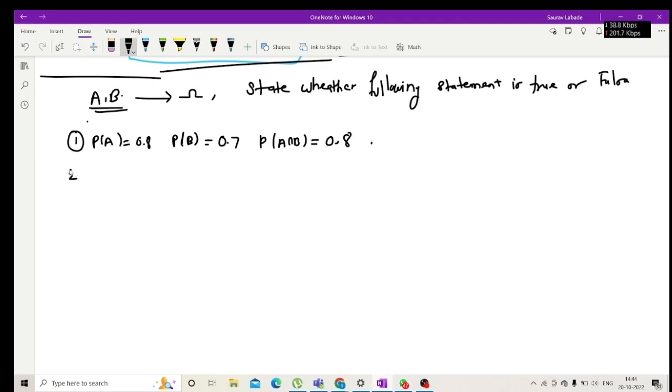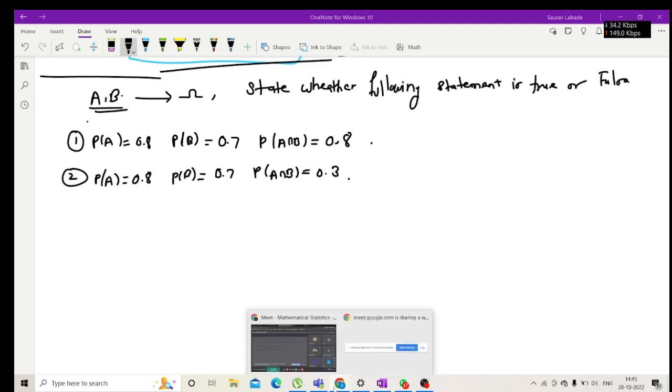This is the first statement, and the second is probability of A is 0.8, probability of B is 0.7, and probability of A intersection B is 0.3. I have to tell whether these statements are true or false. Can anyone tell me about the first statement? Is it true or not?